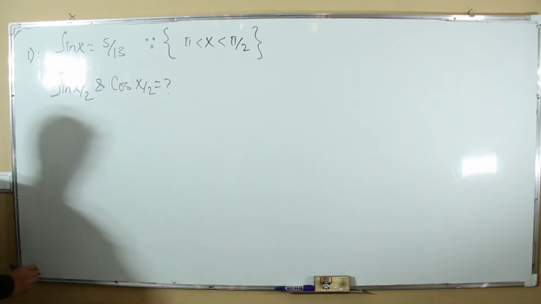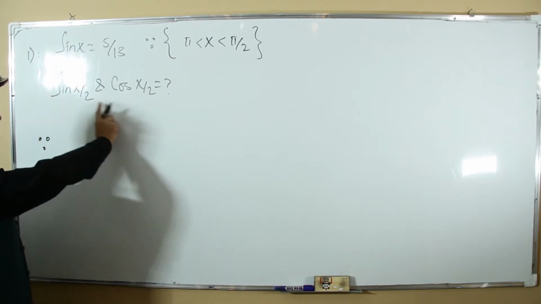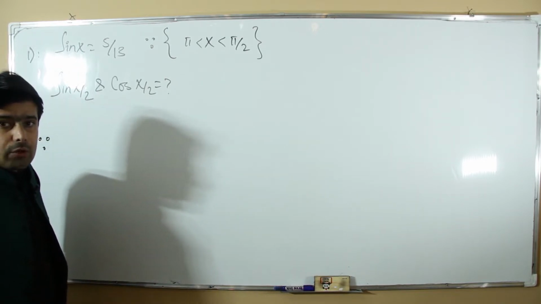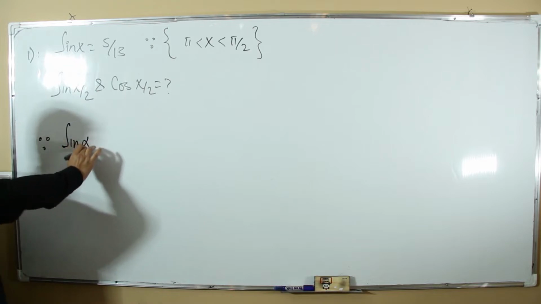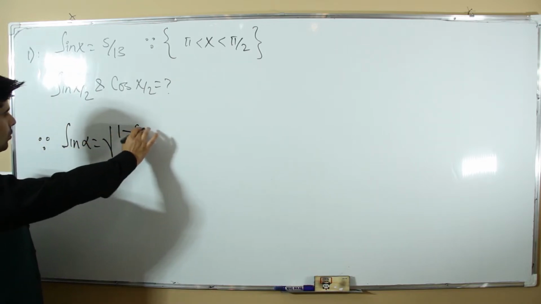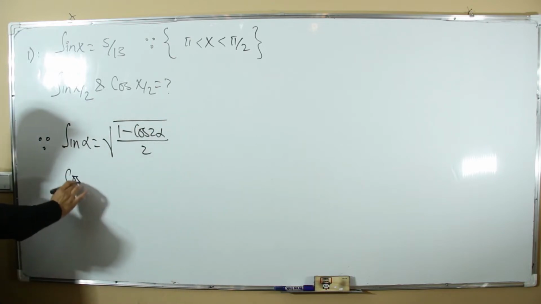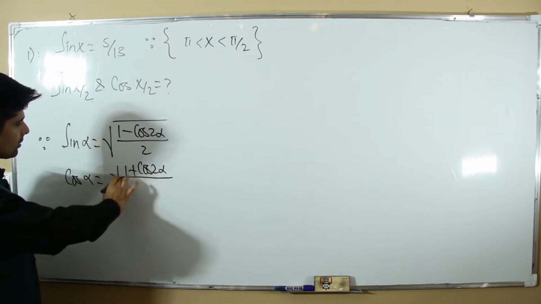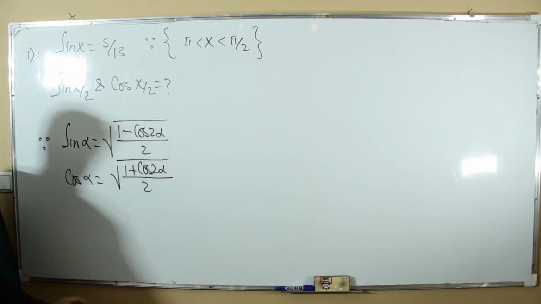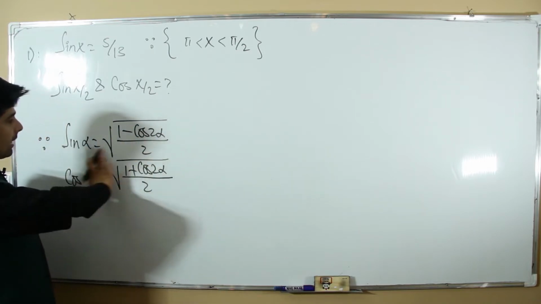Now, we know one thing, the half angles are related with its own angle in terms of cosine. What do I mean? We know that sine square alpha is 1 minus cosine 2 alpha by 2. Do we know this one or not? And also we know cosine square of alpha is 1 plus cosine of 2 alpha divided by 2. This is the relation between the half angle and the angle.